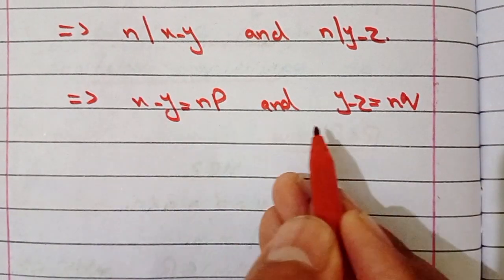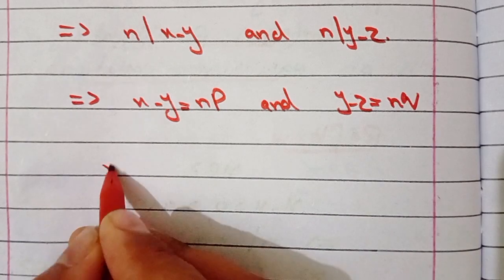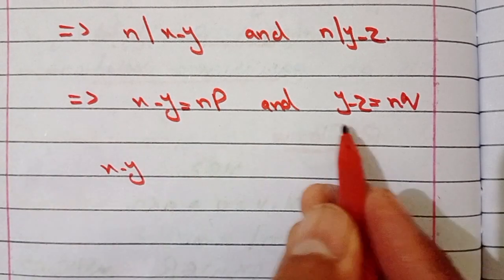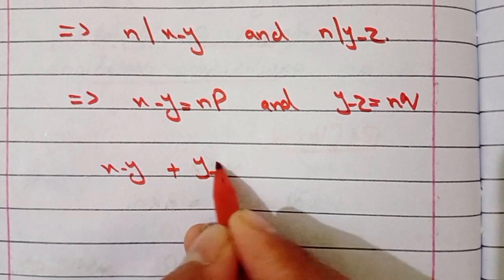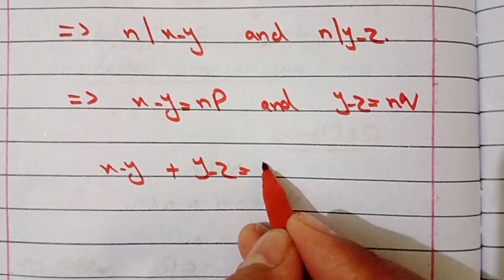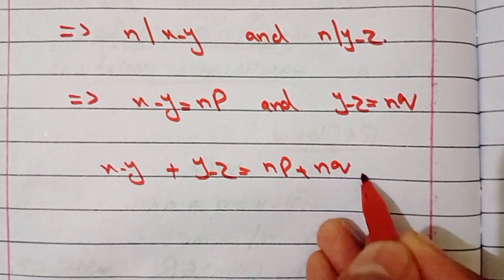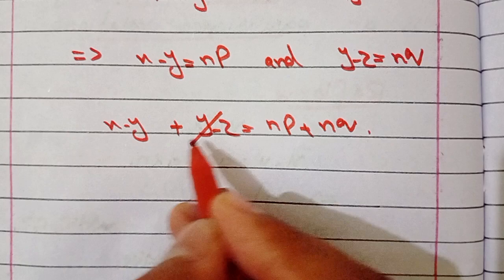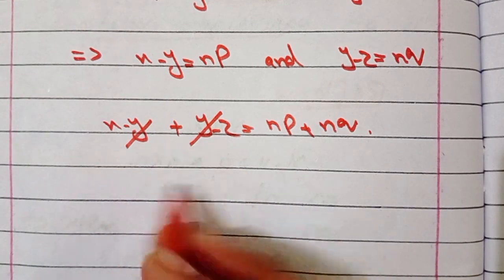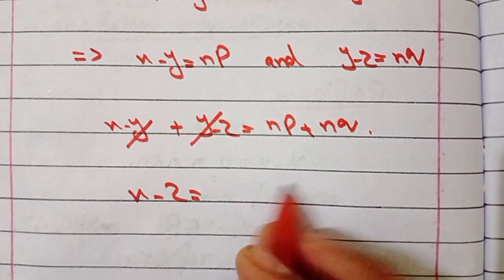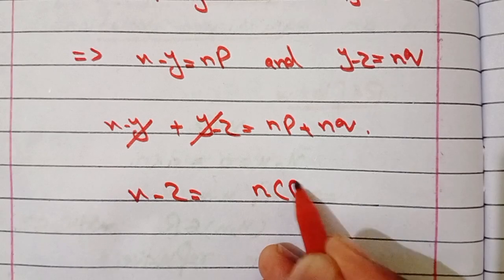Here we can add both these equations: left side plus left side, x minus y plus y minus z, and right side plus right side, np plus nq. Here you can see that y minus y cancels out, and x minus z is equal to n times p plus q.